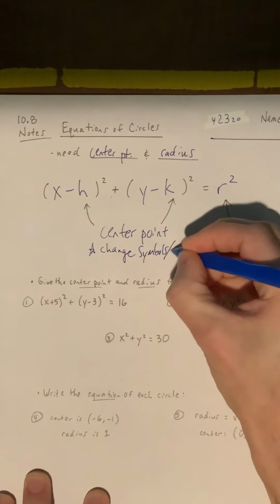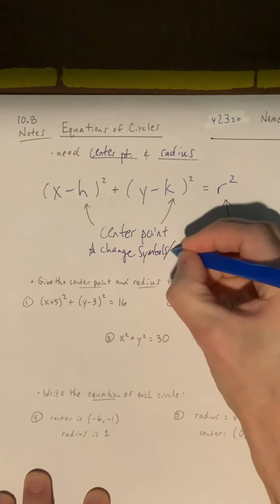So the center point is 2, 0. And look, sometimes you get the equations where it's already in r squared form. If it's like that, obviously r is 7. So the radius, 7. So center point, radius for number 2.